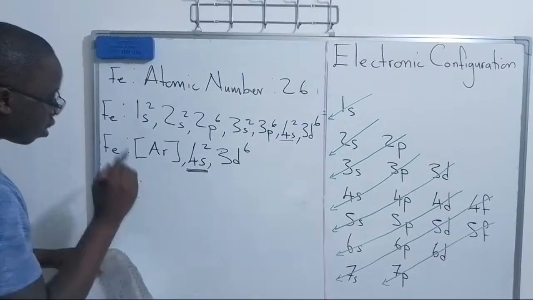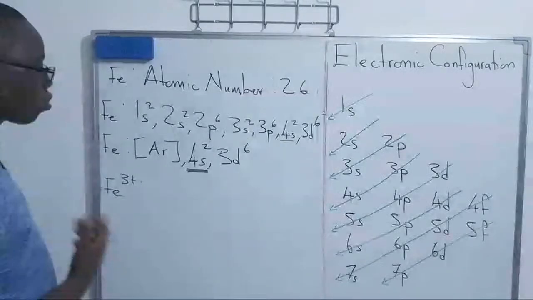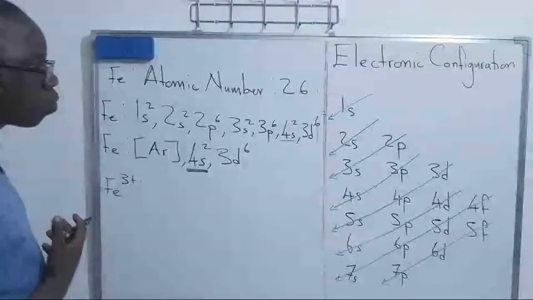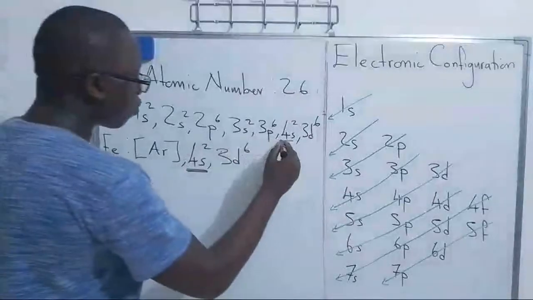So I'll remove iron 2+ there and show how we write the electronic configuration of iron 3+. Now iron 3+ is simply telling us that 3 electrons have been lost by this element, it being a metal. So where are these 3 electrons going to come from? 2 of them will be from the 4s, the 1 will be from the d.